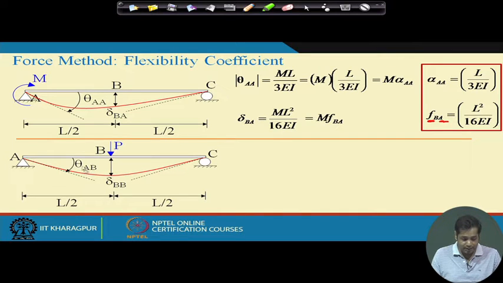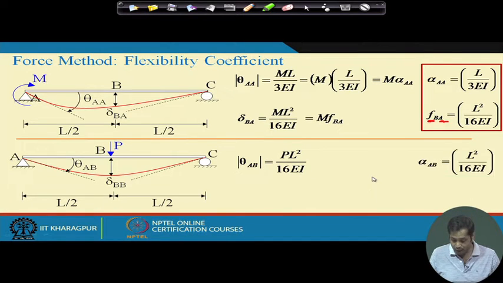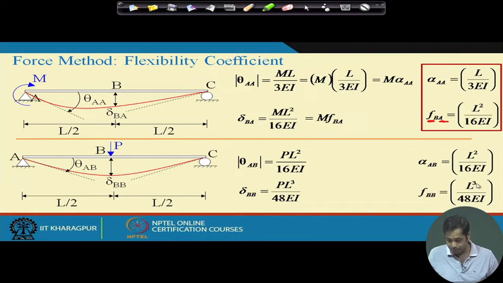Slope theta AB means it is slope at A due to force applied at B. Similarly, delta BB is the displacement at B due to force applied at B. So, again this problem we can solve using any method that we learned in determinate structures, and if you do that, theta AB will be PL square by 16EI, and then the flexibility coefficient will be L square by 16EI. Okay. Similarly, delta BB will be PL cube by 48EI, and the associated flexibility coefficient FBB will be L cube by 48EI.